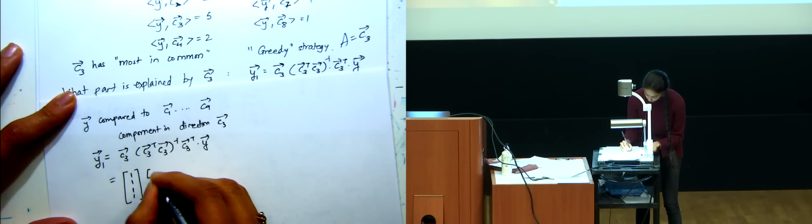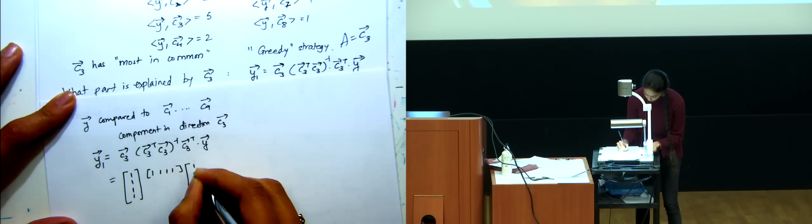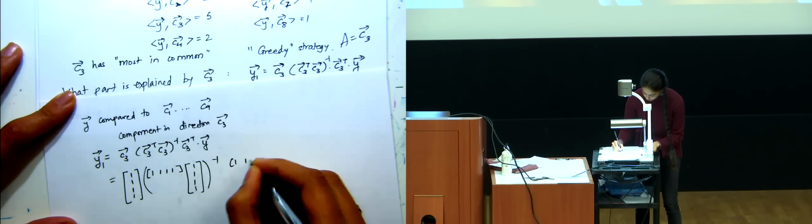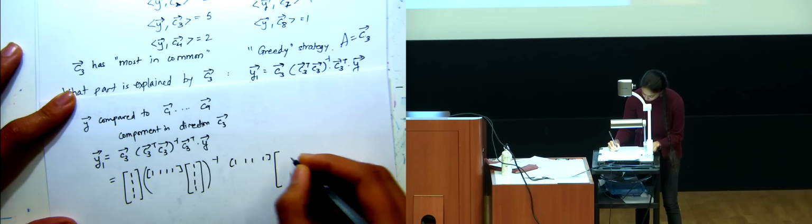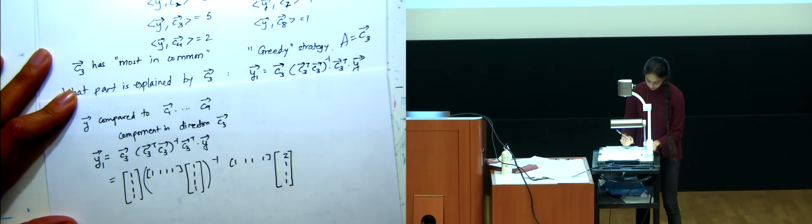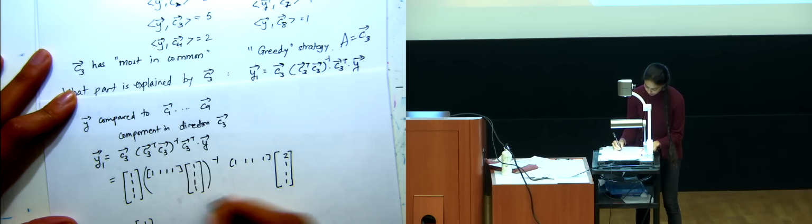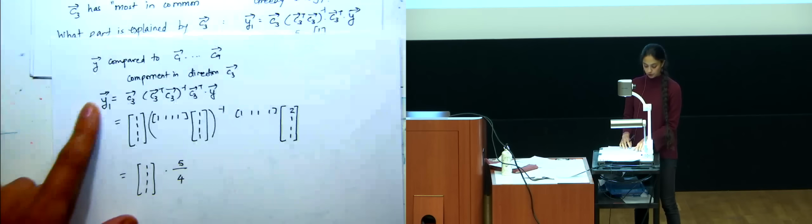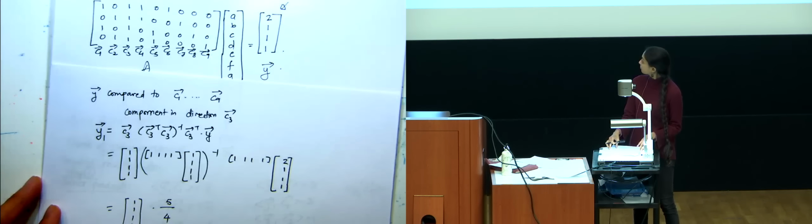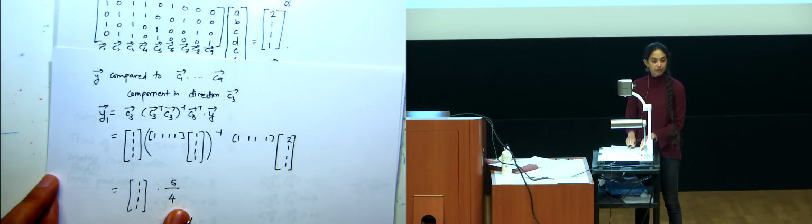This is 1, 1, 1, 1 times 1, 1 whole inverse, times 1, 1, 1, 1, and my y is 2, 1, 1, 1. So this is equal to 1, 1, 1, 1 times 5 over 4. So the projection of my y vector in the direction C3 is given by this.